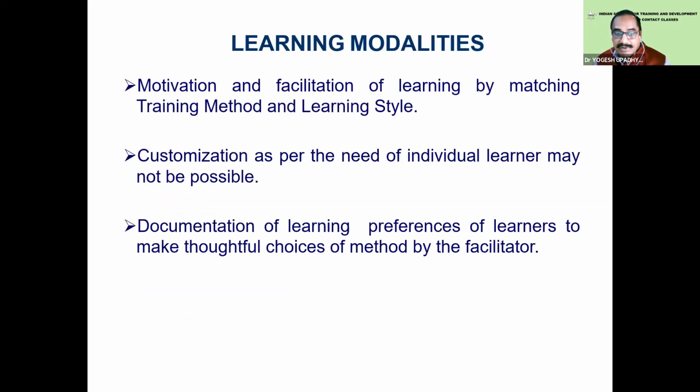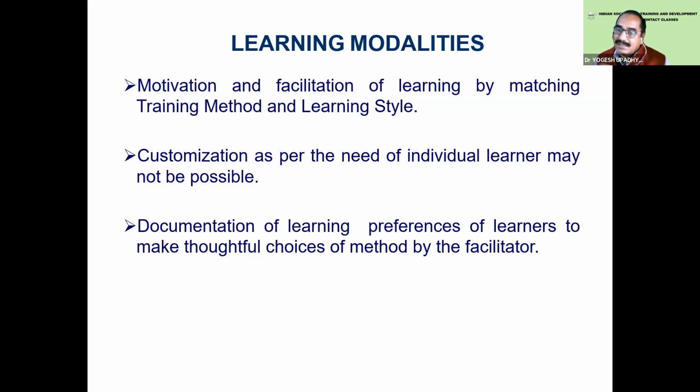Now, learning modalities: what will you include? Motivation and facilitation of learning by matching trainers, training method, and learning style. Last time we saw kinesthetic, audio, visual, all these things. So you have to match the learning method with the learning style of the participant. Customization as per the need of each individual learner may not be possible, because when you do profiling, you cannot go to a lower or higher grade.